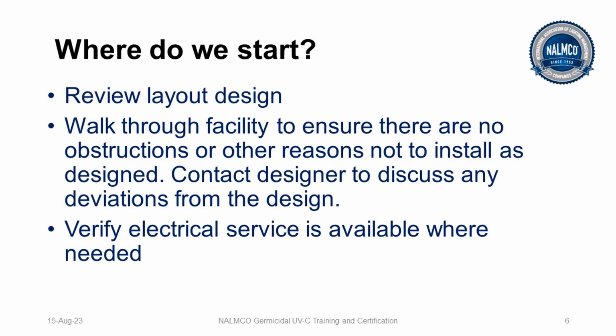And also verify that electrical services are there. The services needed are not huge, but it would be preferable to have the UVC luminaires wired to a branch which only includes the UVC luminaires.